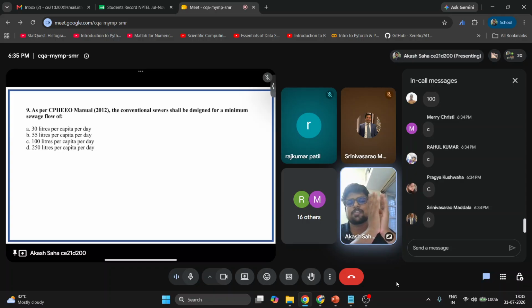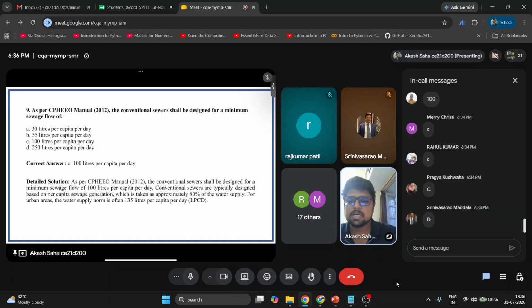So roughly 75 to 80% is around 100 liters per day. So that's why this value is 100 liters per capita per day, because the water supply norm is 135 liters per capita per day. So that's how it is connected. 135 LPCD is a very common number. We always use this.